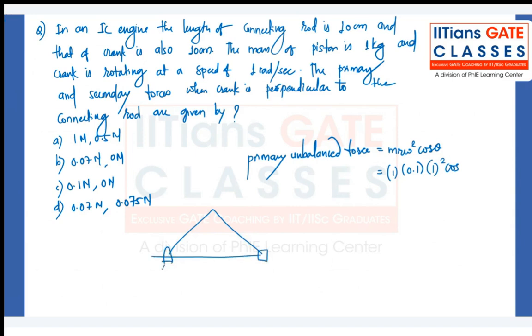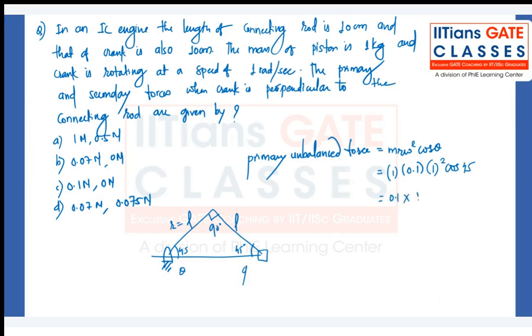What they are saying is the crank is perpendicular to the connecting rod, so this is 90 degrees. Both these angles have to be 45 because the length of the connecting rod and crank is the same, right? So it is cos of 45, because this is theta and this is phi as far as I remember.